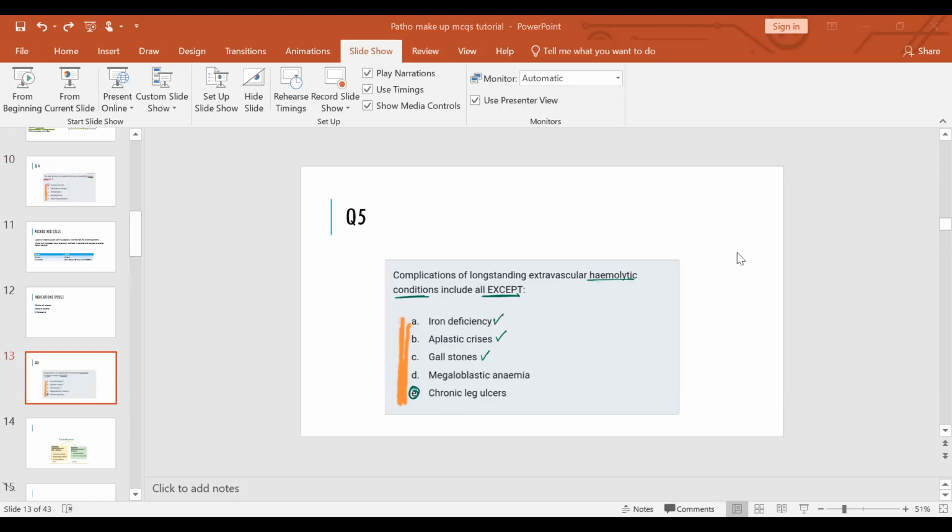Okay, so for megaloblastic anemia, this is how it comes about. We know that folate is required for erythropoiesis, for red cell production. So in a condition where you have extravascular hemolytic anemia, let's use, for example, an autoimmune disease, the antibodies are directed towards the red blood cells.